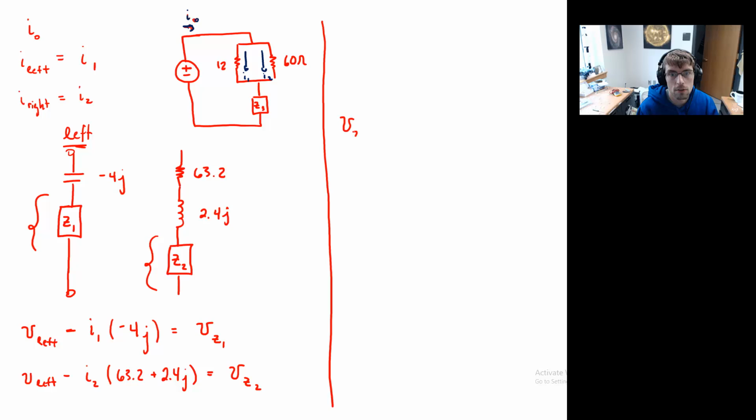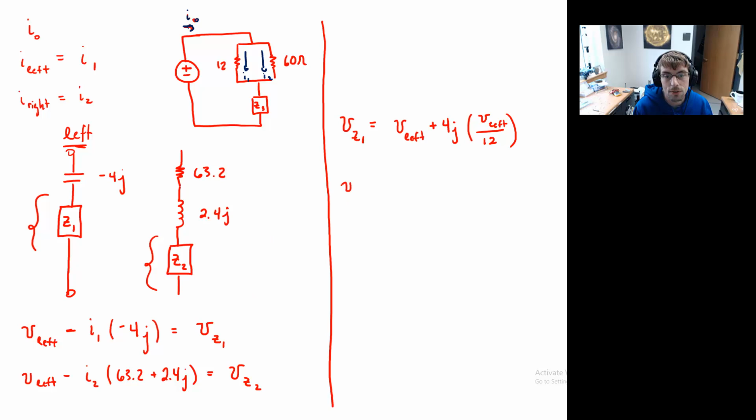So the potential drop across Z1 is equal to, we'll say V left, the potential drop across the entire branch. We have a minus minus, so I'll put a plus 4J. And then remember that I1 was simply V left, the potential across the entire branch, divided by 12. Right?